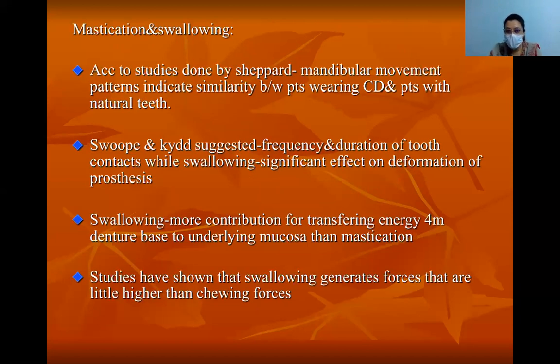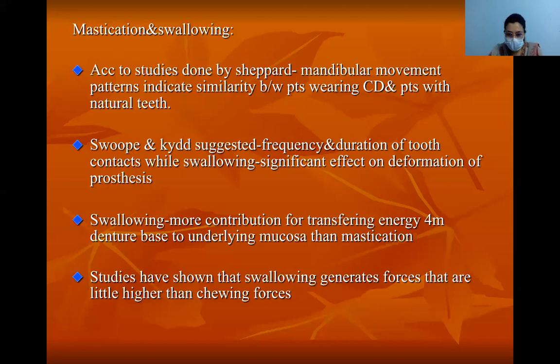Now, mastication and swallowing also play a very important role when we talk of the biomechanics of the complete denture. According to studies done by Shepard, mandibular movement patterns indicate similarity between patients wearing complete dentures and patients with natural teeth. Swoop and Creed suggested that the frequency and duration of tooth contact while swallowing has a significant effect on the deformation of the prosthesis.